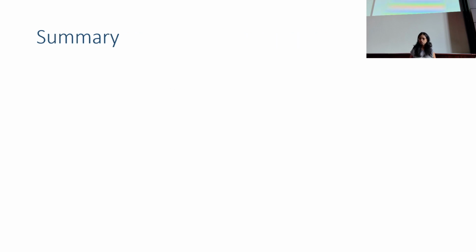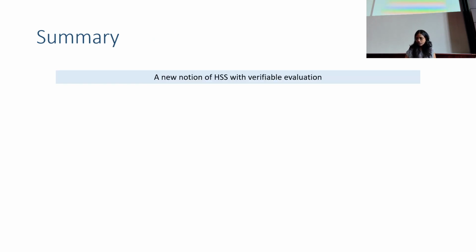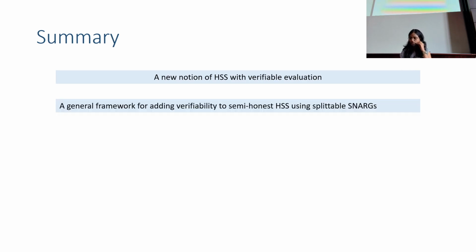Okay, so I think that's all I had. Let me quickly summarize. We introduce a new notion of HSS with verifiable evaluation. We present a general framework for adding this kind of verifiability to semi-honest HSS schemes using a notion of splittable SNARKs that we define here.